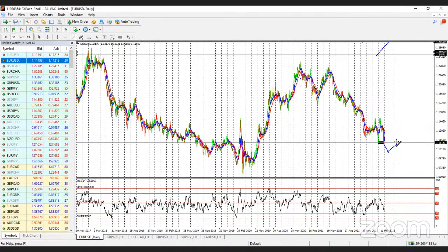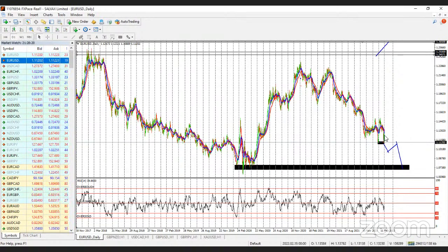The next area we'll be expecting to buy will be around this region. That means price is coming back to this region. So if it refuses to buy around here and this happens, it will come for a retest.